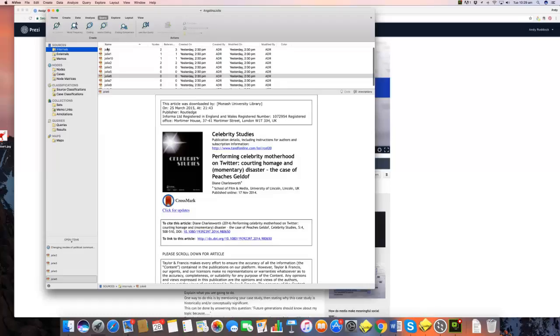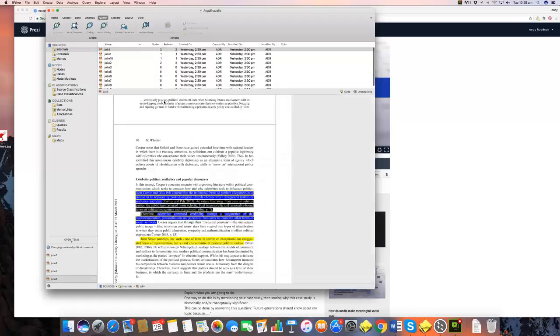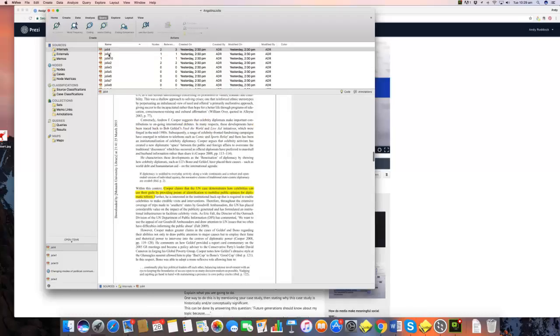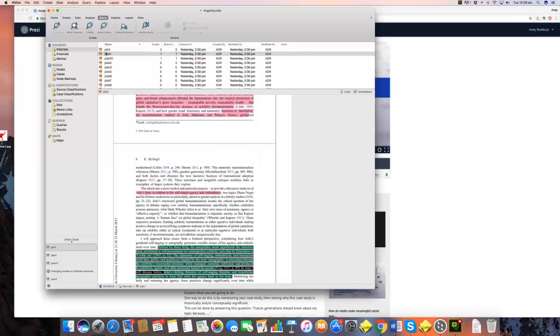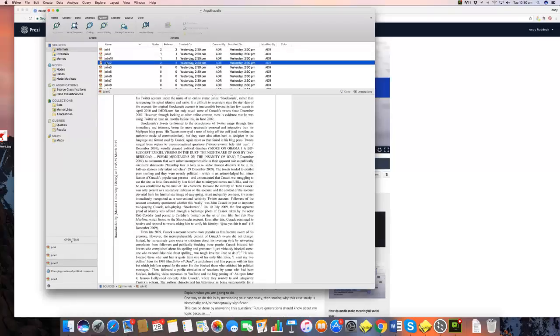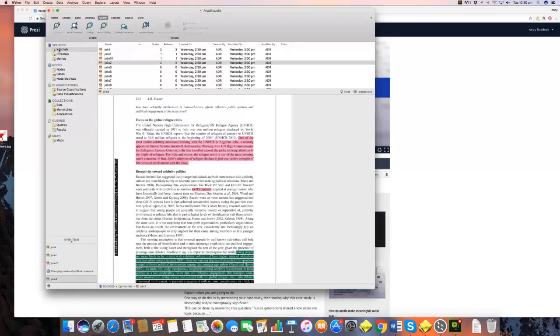So what I did is, I've shown you how to do all of this, I just collected all of the articles about Angelina Jolie that I could find, and downloaded them as PDFs onto my hard drive, and then loaded them as internals into NVivo.